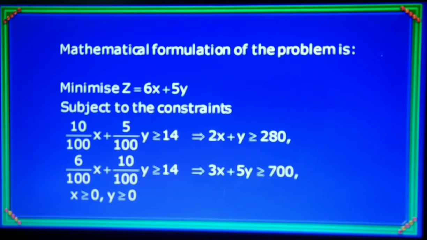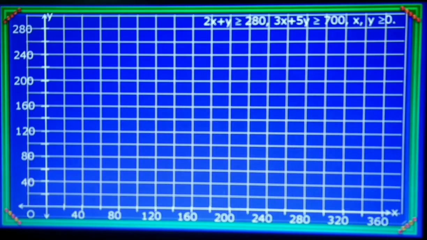Obviously, x is greater than or equal to 0, y is greater than or equal to 0. Let us consider inequalities. 2x plus y is greater than or equal to 280. 3x plus 5y is greater than or equal to 700. x, y is greater than or equal to 0.